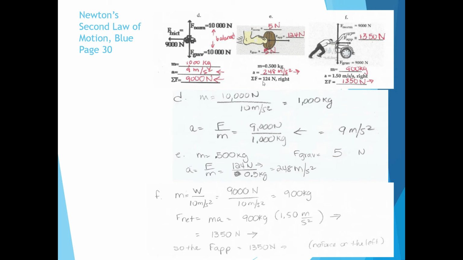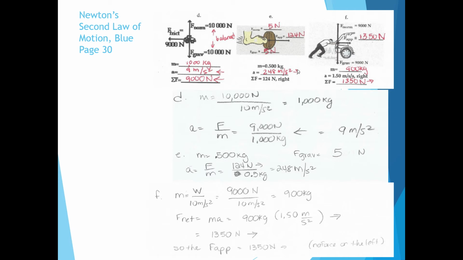We know that the net force overall is 124 newtons to the right, so there is no leftward force pulling it to the left in any manner. So we can just copy down this 124 newtons to the right up here. It must be balanced, so it's 5 newtons gravity and 5 newtons upward for the normal.